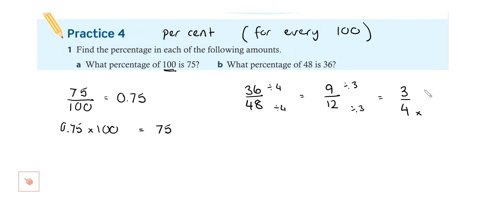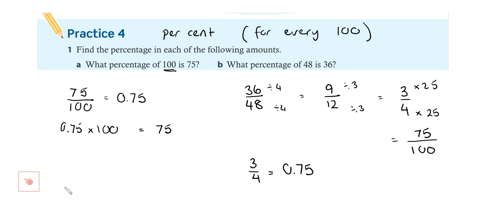Or if I use the method you were doing, I could say 4 times 25 gives me out of 100, which is 75 out of 100 again. Or like you said, things that we know, 3/4 we probably know is 0.75. Same as this one.